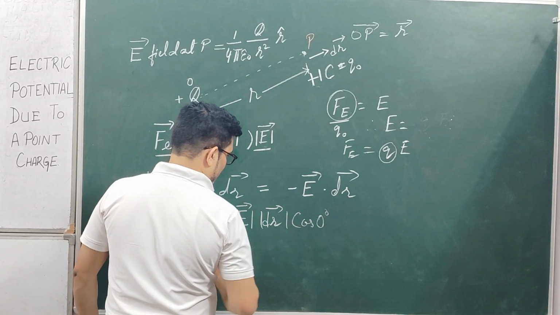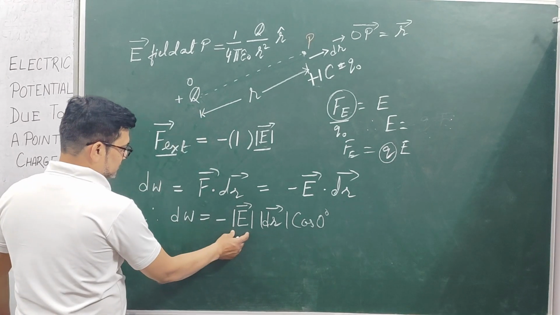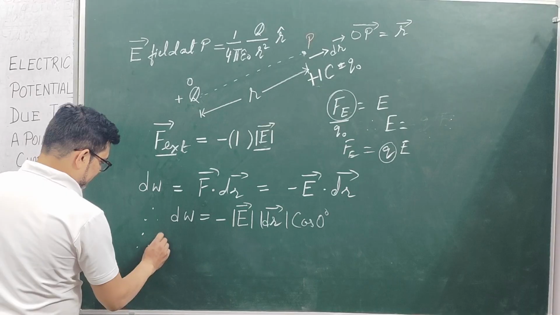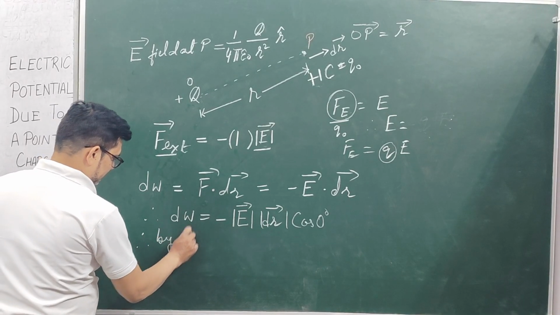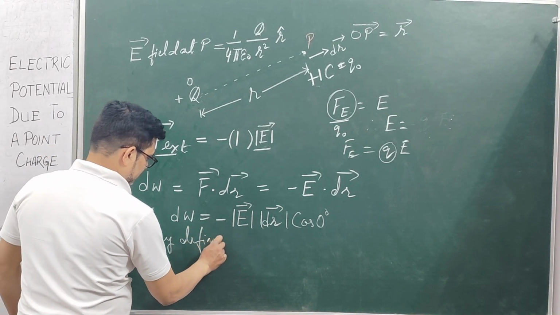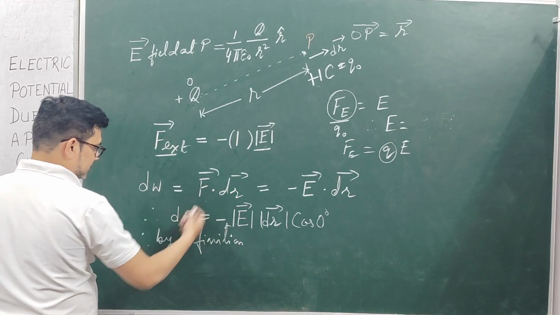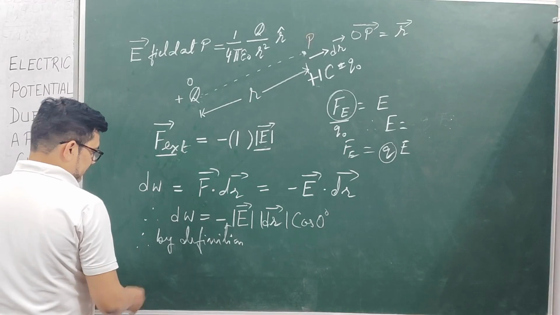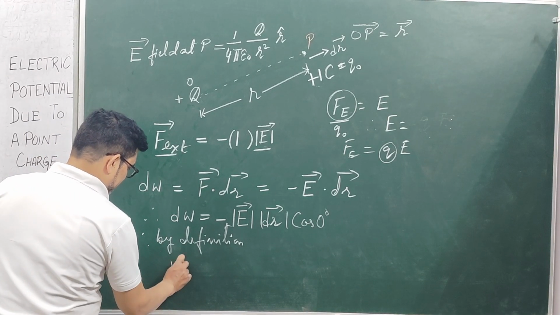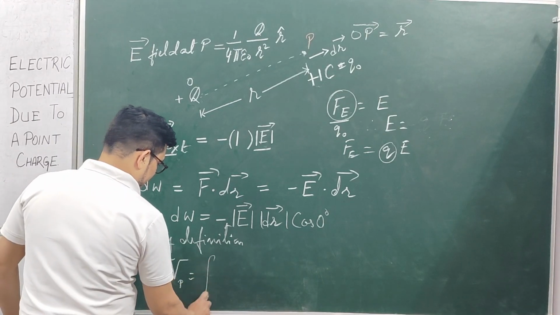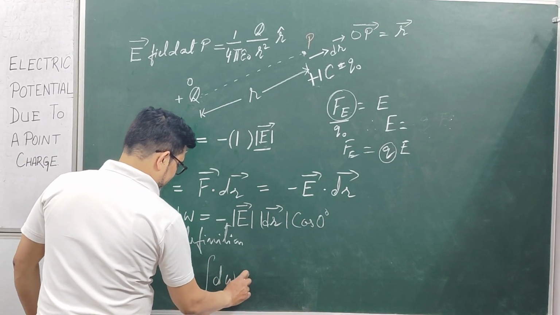Cos 0 is 1, and now we got just E dr. So therefore by definition, this is the work done against the electrostatic field.